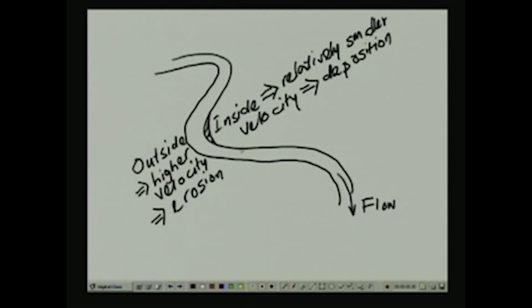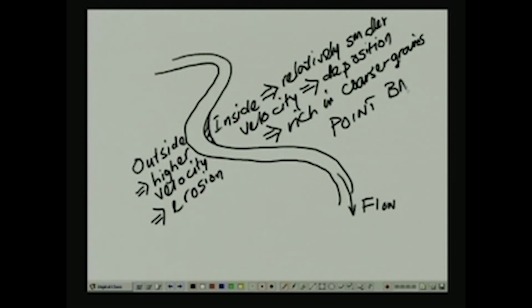So the deposits that form in this process are rich in coarser grains, and this type of deposit is called point bar deposits. Okay, so that explains the term point bar.